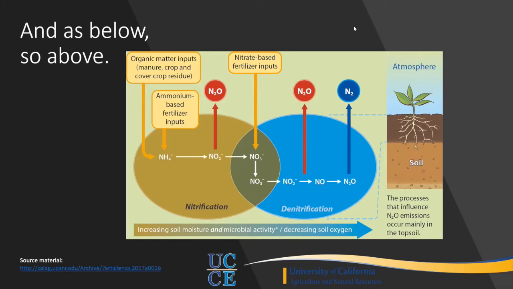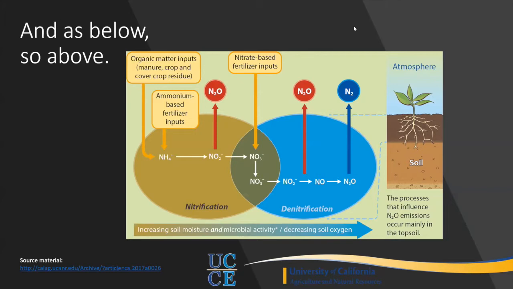Denitrification can be managed and lessened in agricultural systems through management of organic matter inputs, fertilizer inputs, and improvement of soil tilth and drainage. Generally, incorporation of things like manure into the soil after they've been applied will lessen the amount of nitrous oxide that is emitted.